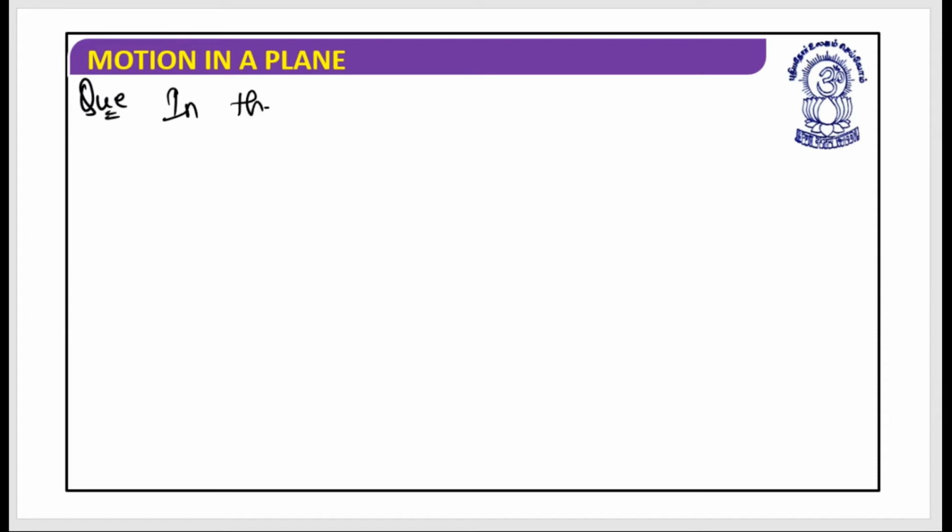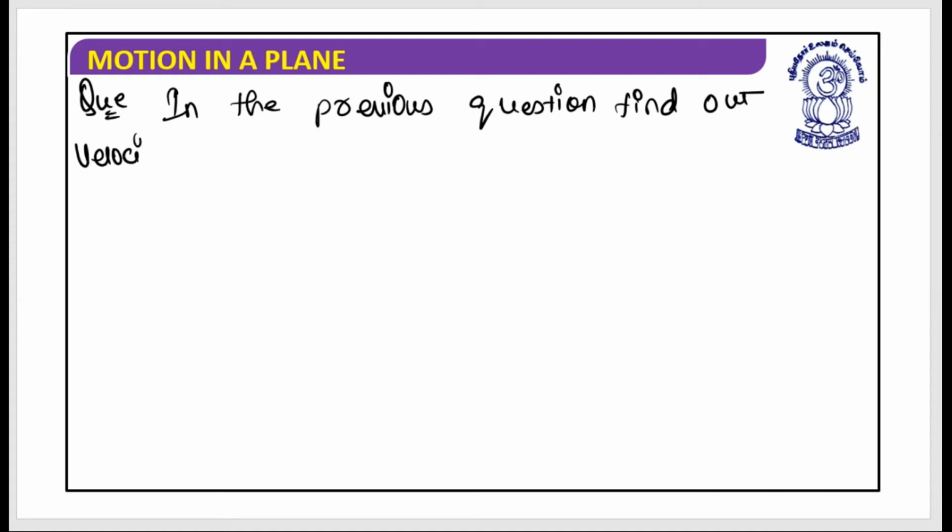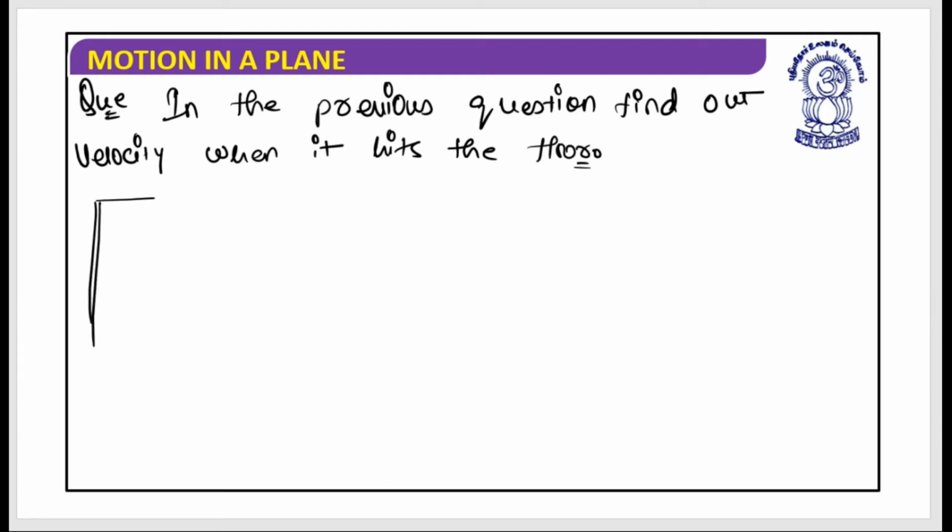In the previous question, find out the velocity when it hits the floor. So this was the situation.